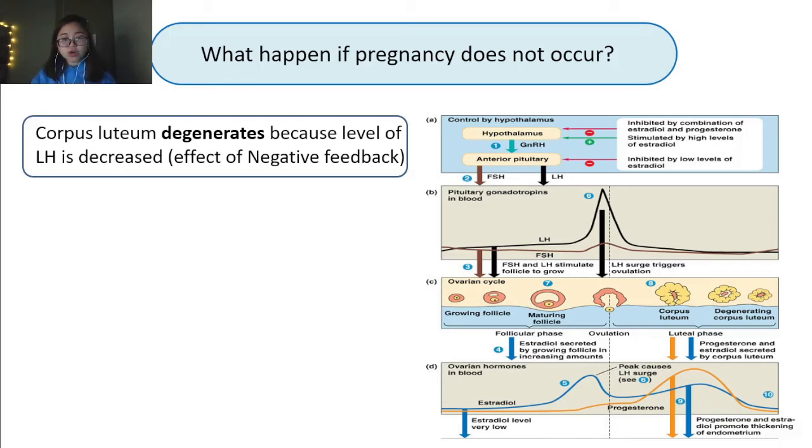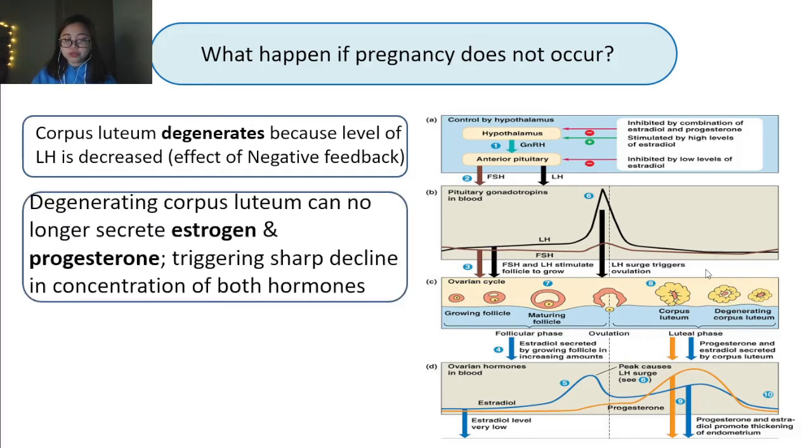If no pregnancy occurs, after a few days, the corpus luteum will degenerate because the level of LH is decreased. Okay, that is what reduced the LH earlier. So, when the LH level is too low, nobody tells the corpus luteum to carry on living. The corpus luteum will die. Okay, LH level too low, corpus luteum degenerates.